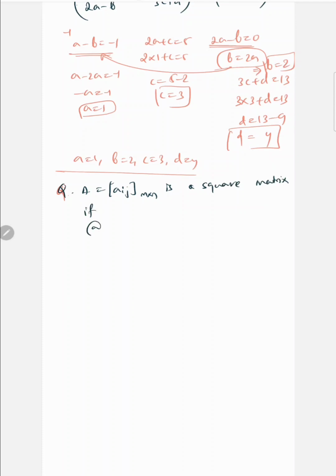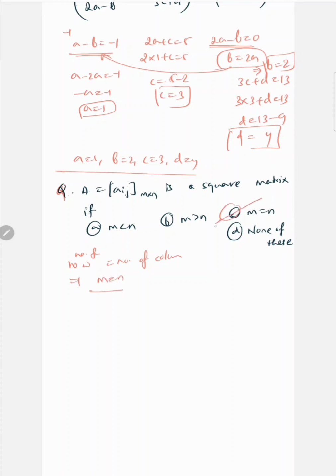First option is m is less than n, second option m is greater than n, third option m is equal to n, D none of these. So for a matrix to be a square matrix, the number of rows and number of columns should be equal. This implies m is equal to n. So the option is option C.